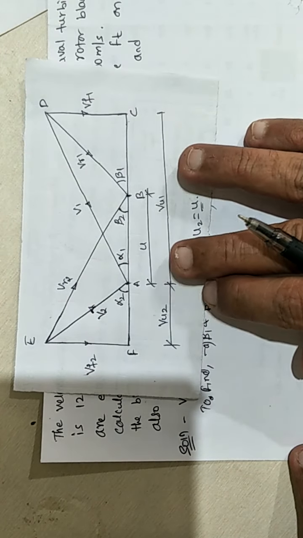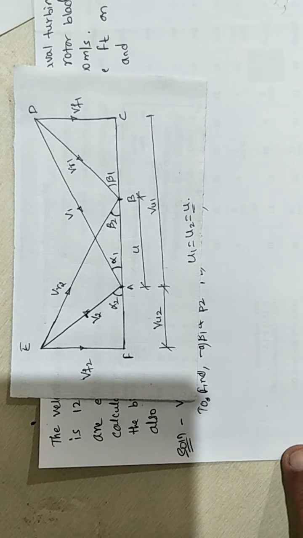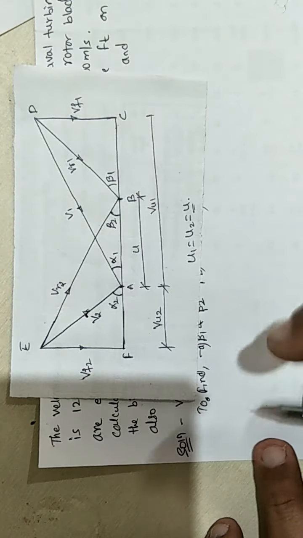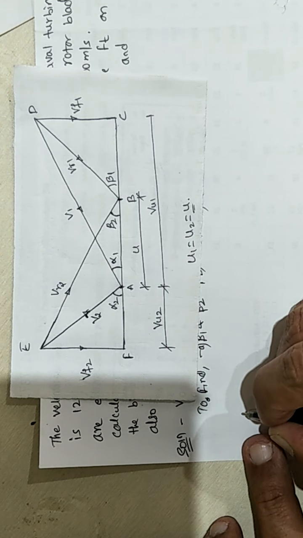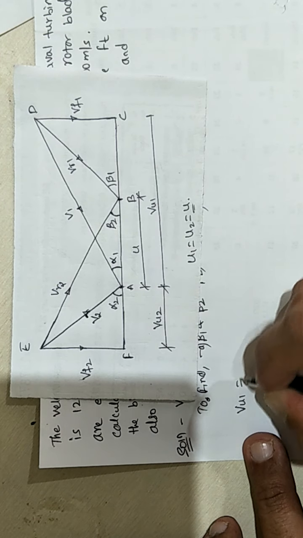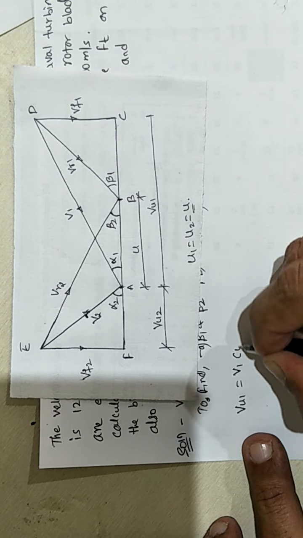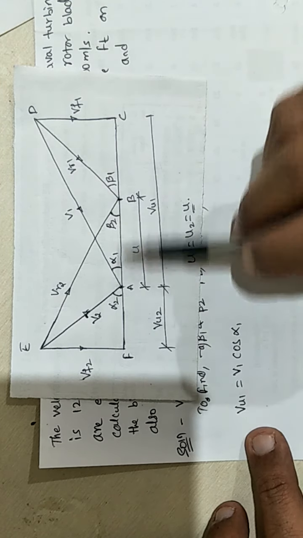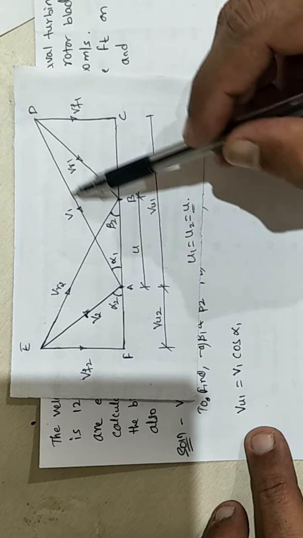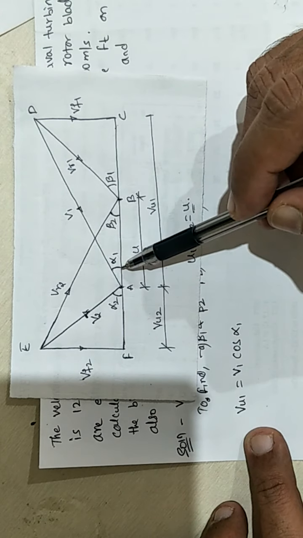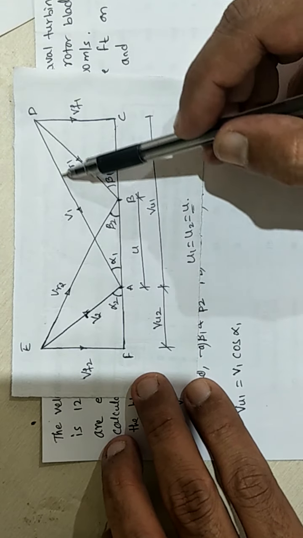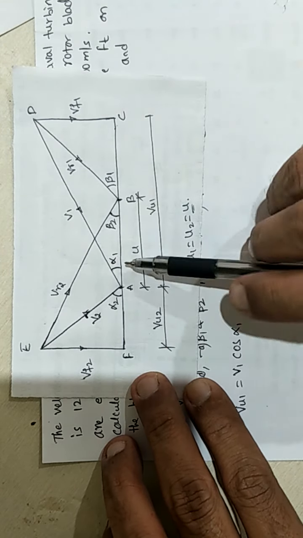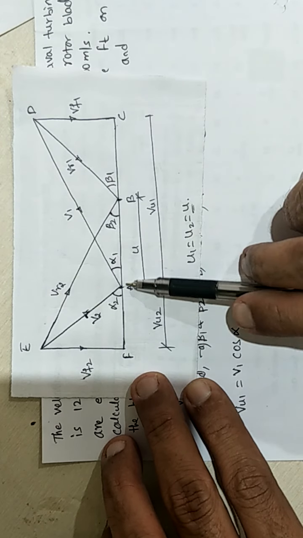To solve the problem by the analytical method, in this velocity triangle, VU1 is equal to V1 cos of alpha 1, as you can see. AC is nothing but VU1. I know the value of V1 and the angle alpha 1, so I have to resolve this AD line, or V1, along the horizontal axis. Then only am I going to get this AC.